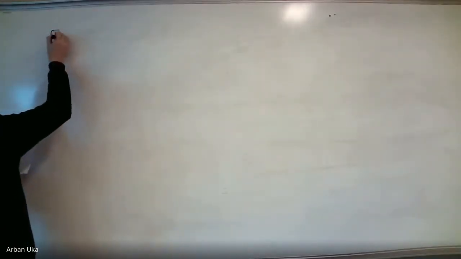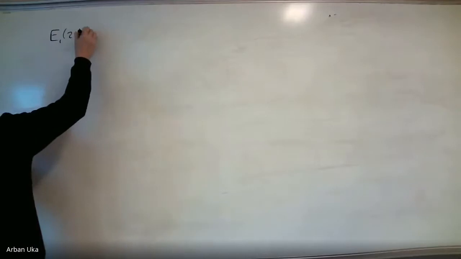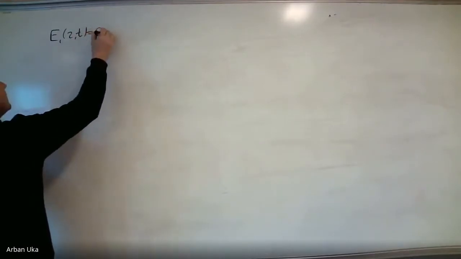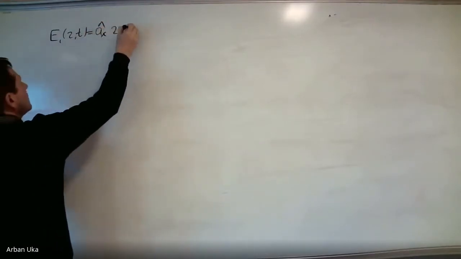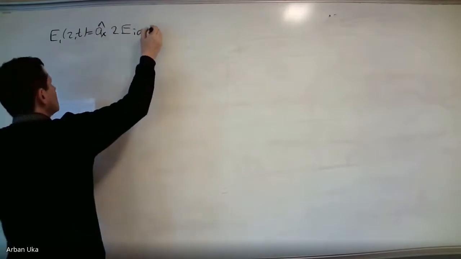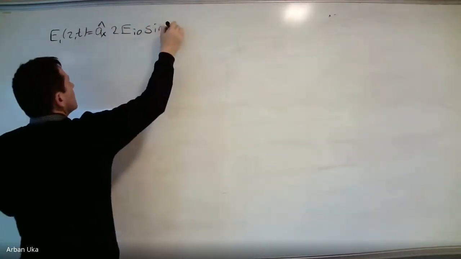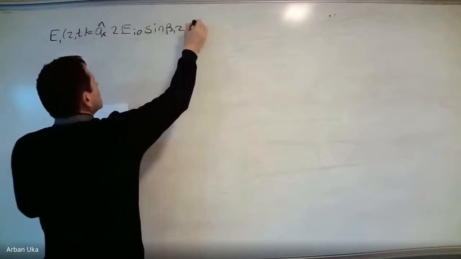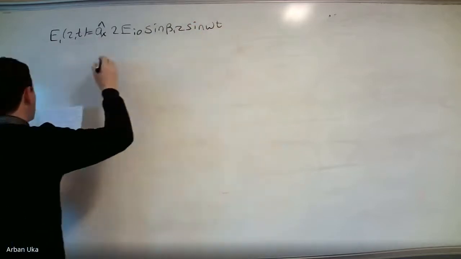Okay, so we got that the electric field E(z,t) was equal to a_x, two times the incident electric field intensity, times sine beta_1 z, sine omega t.